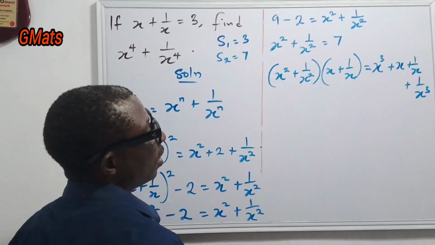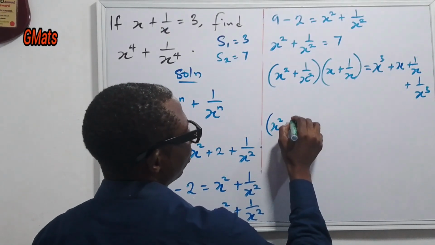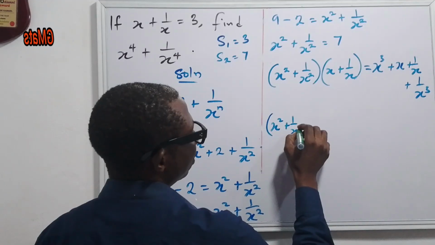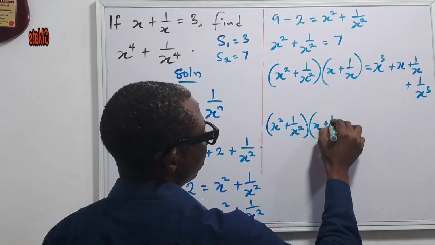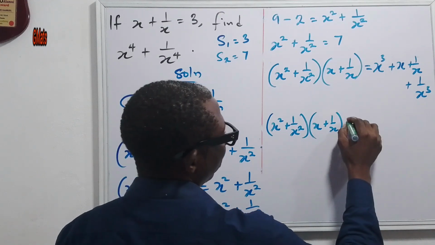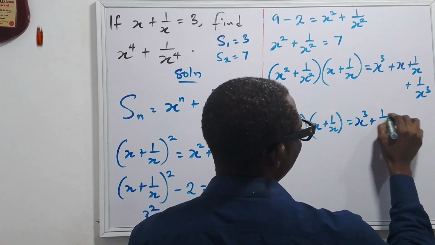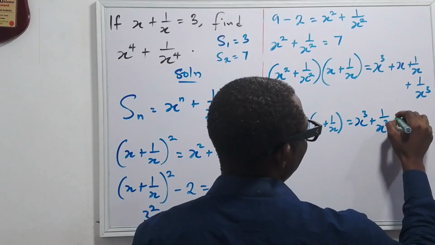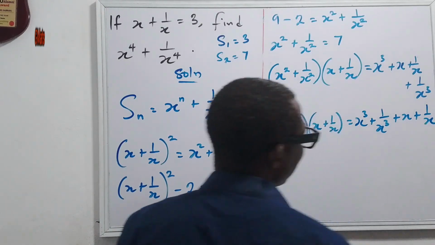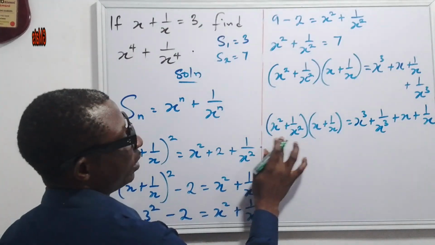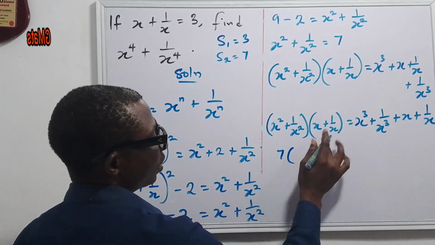So we have x squared plus 1 over x squared times x plus 1 over x equals x cubed plus 1 over x cubed plus x plus 1 over x. Can you see that? Now this is S2, that is 7, times this is 3.